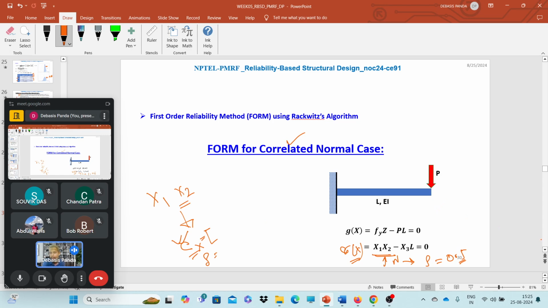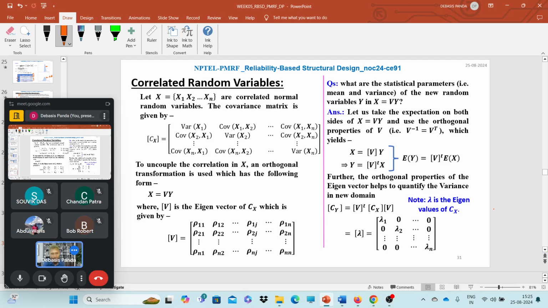That means we need some orthogonal transformation. So if we have random variables x1, x2, x3, and they are correlated, and the correlation is expressed by the covariance matrix, then the covariance matrix will look like this: the diagonal term is the variance and the off diagonal term deals with the correlation.